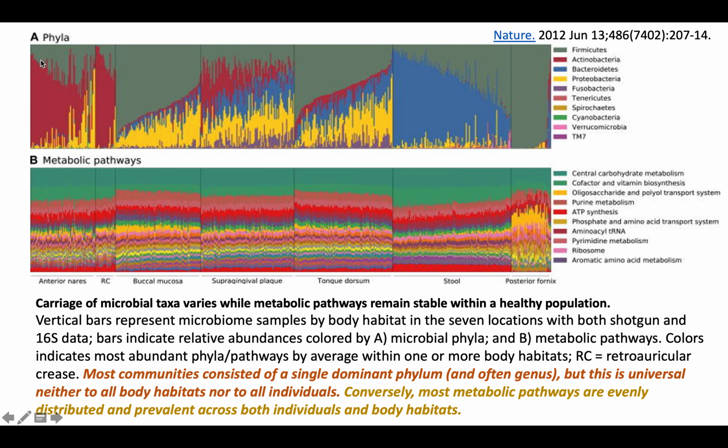Well, we've got basically the breakdown of sugars. We've got ATP synthesis. We have pyrimidine metabolism. So what it's saying is at each site, we've got bacteria, no matter what type or phyla they are, that carry on the same specific pathways.